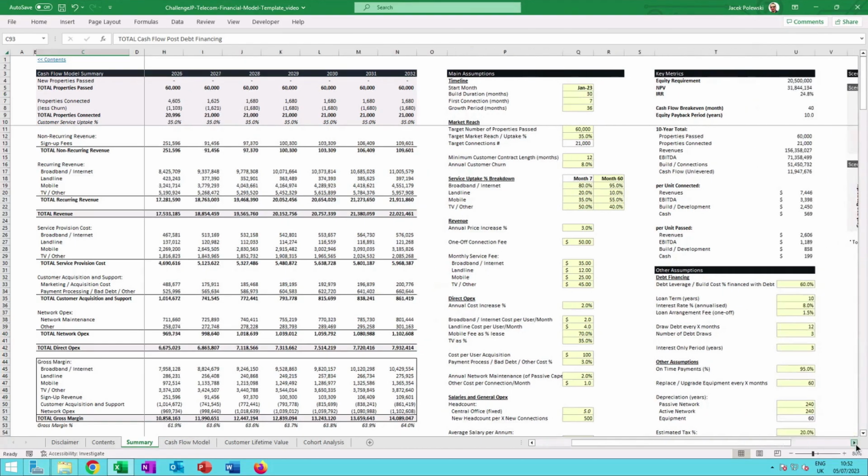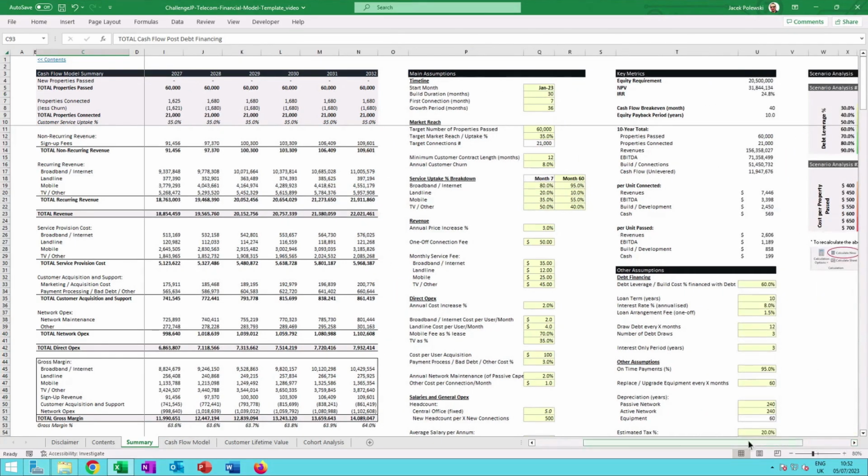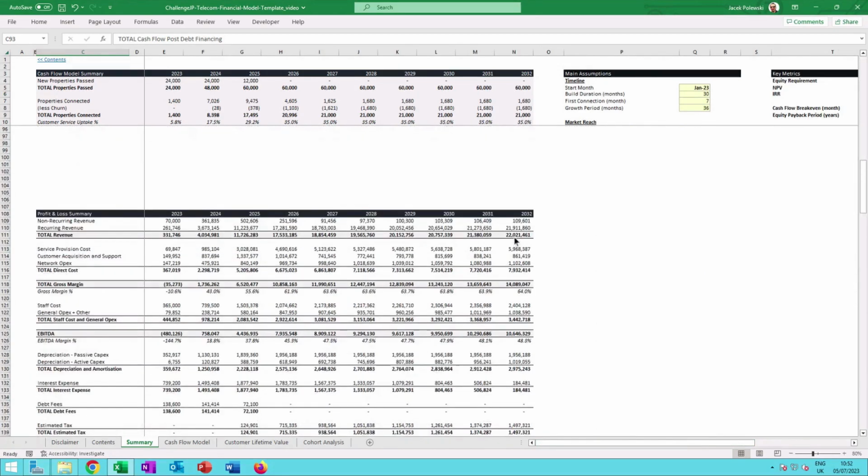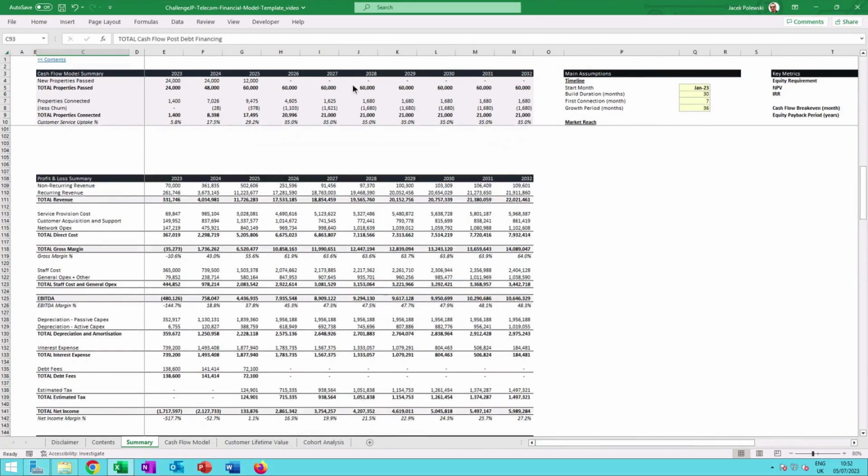Then there are some metrics to the right. There will also be some sensitivity testing, stress testing of the model, what-if scenarios, which we'll get to at the end of that tutorial.